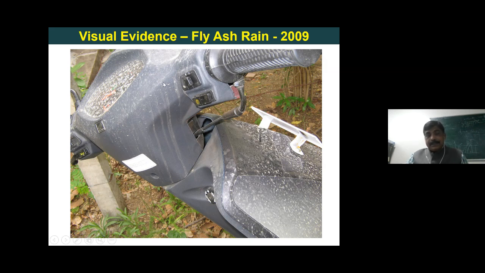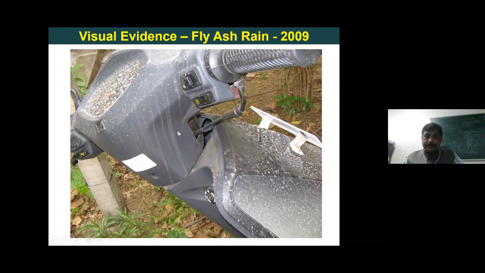This is actually dust fallen from the sky. Now the color shows it is not dust lifted from the ground, because that is more dark brown in color. So this color shows some similarity with fly ash, because fly ash is white or pale yellow, depending on its composition. It goes more towards white color.